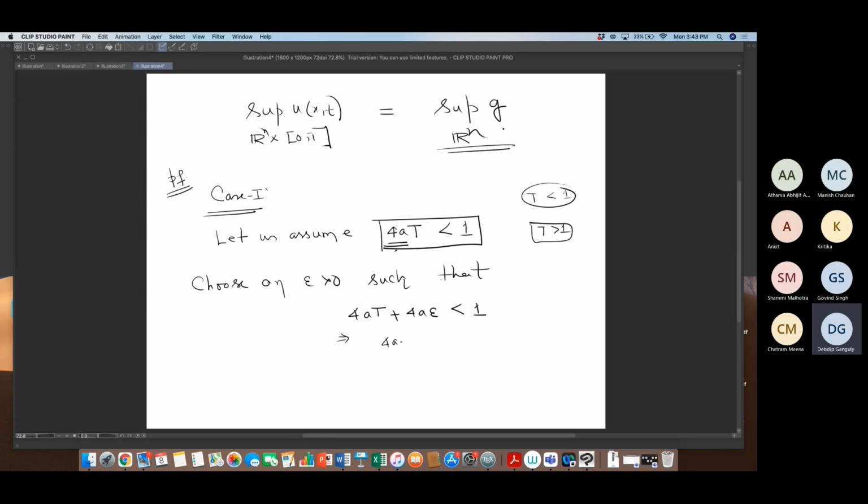This implies 4a(T plus epsilon) is strictly less than 1. This I can do, yes or no? Under this assumption, 4aT is less than 1. So this is not artificial. You just take T less than 1 or T less than half. I am taking that T is less than some constant. Is that clear?